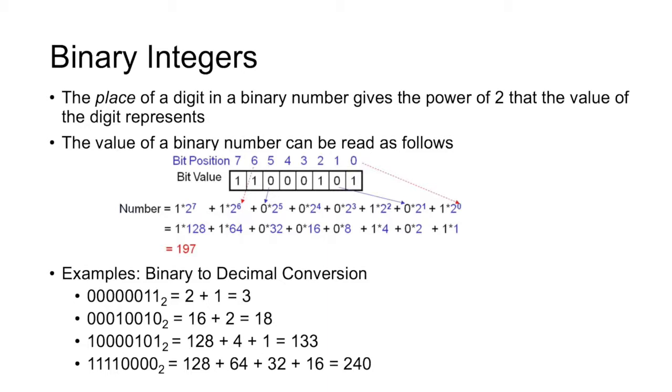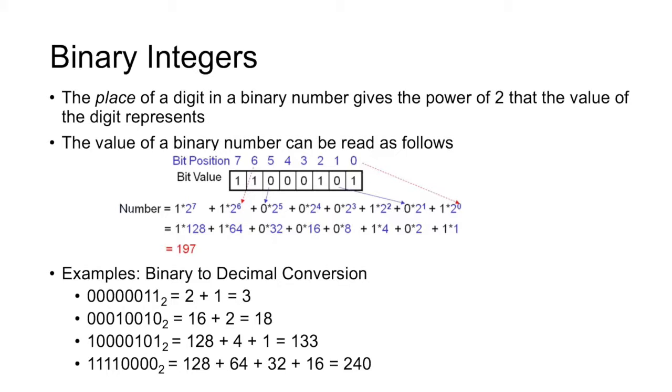So the number there is evaluated by looking wherever there's a 1 in the bit value and you count the particular power of 2 at that particular position. So for example, starting from the right hand side, you'll see there's the 1 in bit position 0. That means we have one lot of 2 to the 0. There are no lots of 2 to the 1 because there is a 0 in the 2s column.